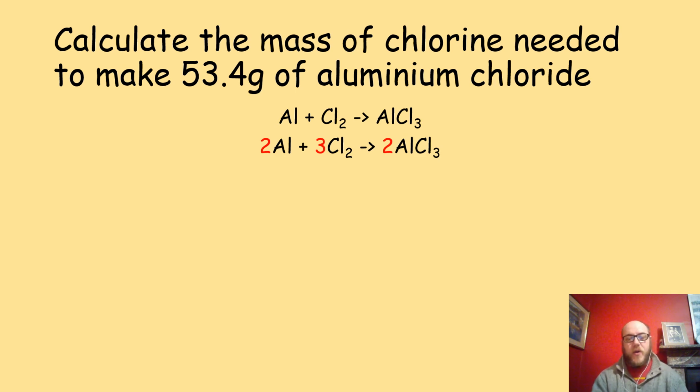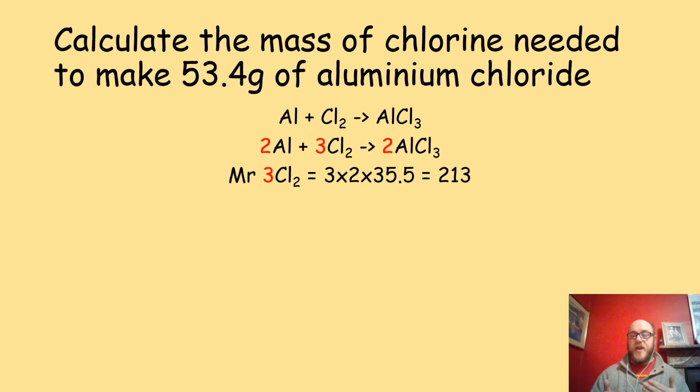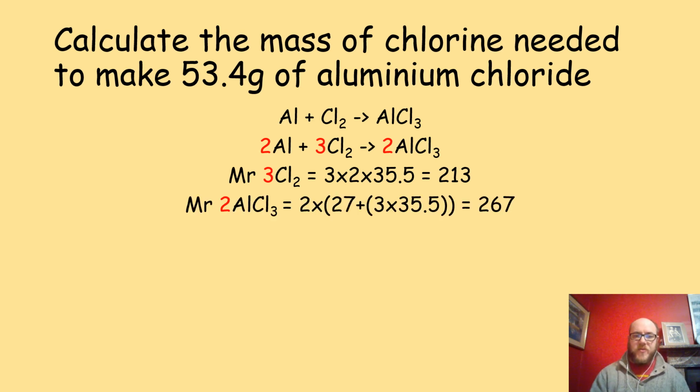To work out the chlorine, I need to work out the relative formula mass for 3Cl2. So that's 3, because it was 3 molecules, multiplied by 2 times 35.5. So that's 3 times 71, which gives me 213. So that's the relative molecular mass of 3Cl2. Do exactly the same thing for 2 AlCl3. Aluminium is 27. Chlorine is 35.5, multiply that by 3 because there's 3 of them, add them together, multiply the whole thing by 2, and I end up with 267.